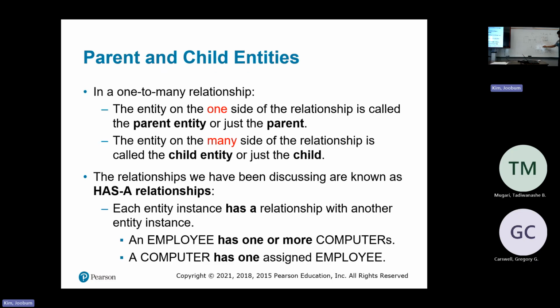And also the has-a relationship, in other words, a composition relationship. Okay, but it's not important, just for your information. And this is a has-a relation, one to many. One is the parent, the many side is the child.